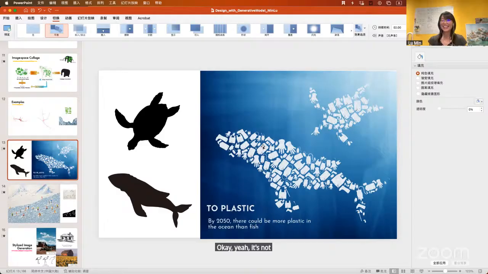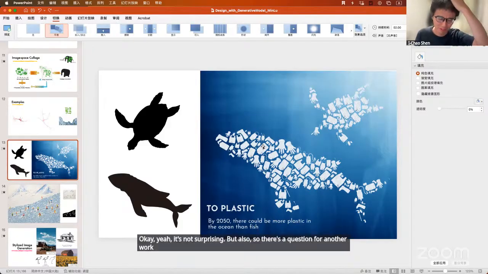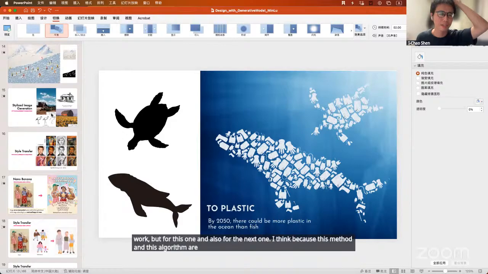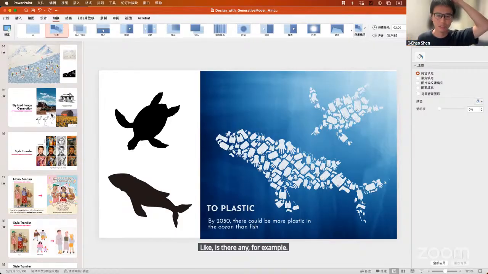There's also a question for another work, but for this one and the next one, I think this method and this algorithm are very useful for me. But I'm also curious, is there any collaboration with designers?